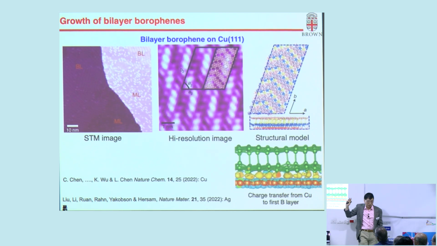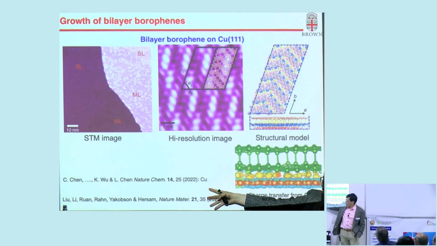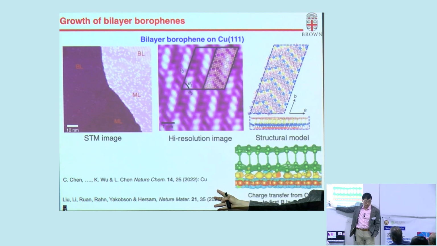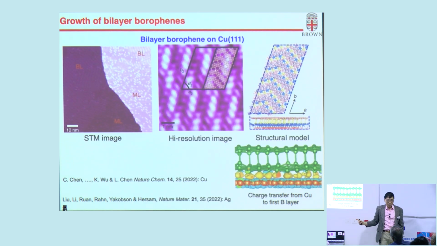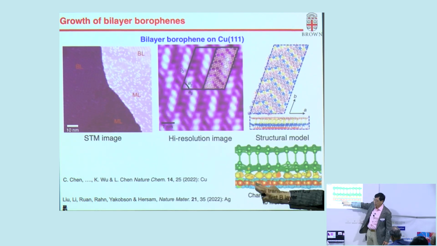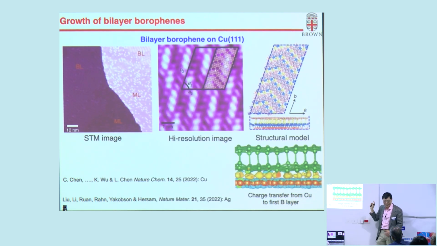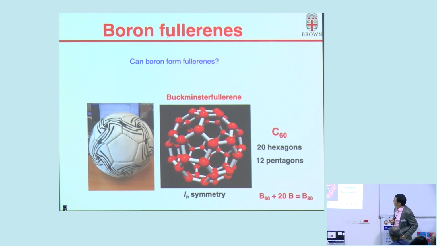It's interesting because in 2014, these two groups submitted their two papers within 10 days, and this bilayer borophene paper was also submitted within one week. I don't think they were communicating with each other, but clearly there was some kind of race, and they all submitted at the same time. But anyway, that's the story of borophene.